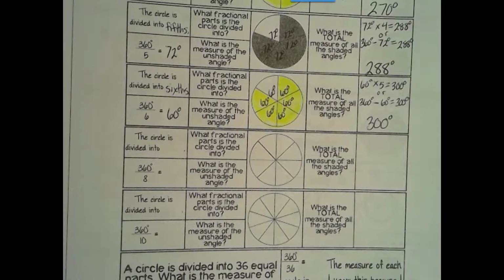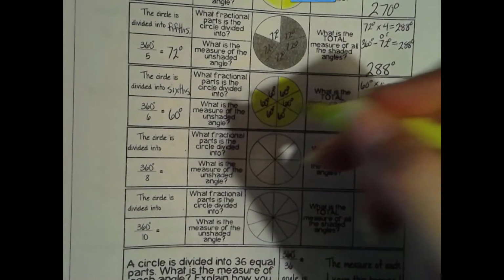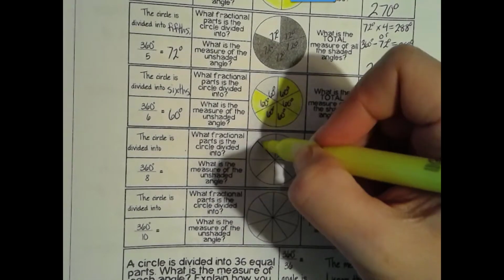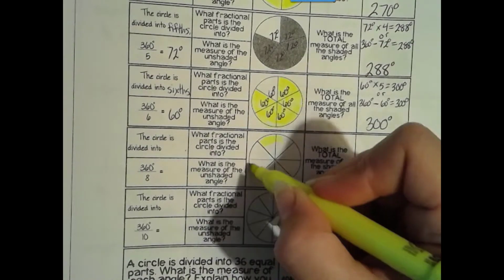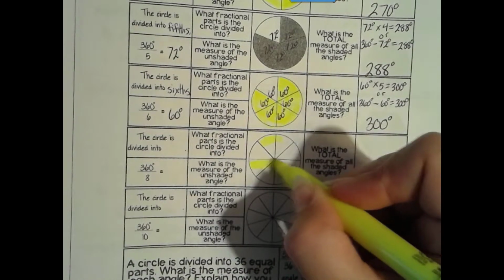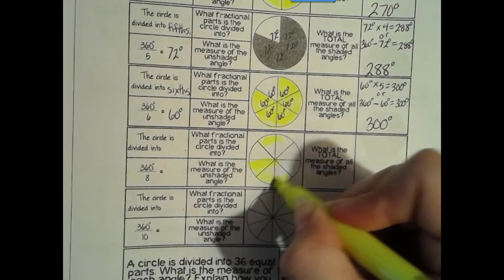Okay, we're skipping sevenths, and we're going to go to eighths. You can kind of see this one, but we're going to leave one of them unshaded.